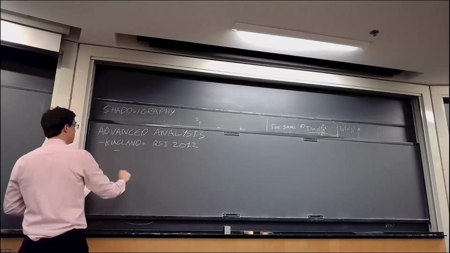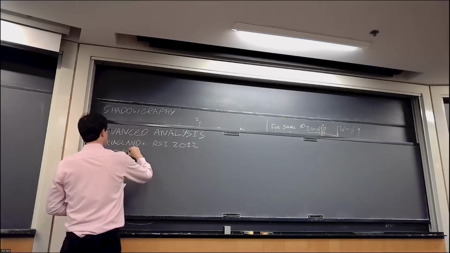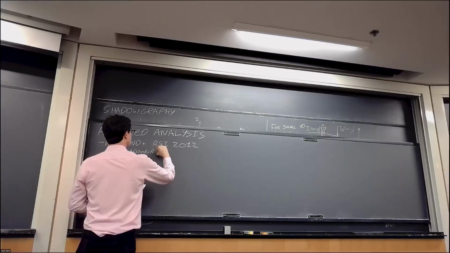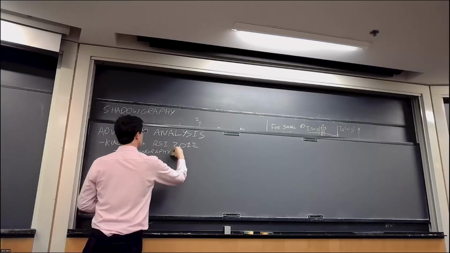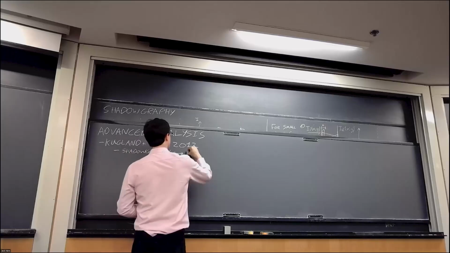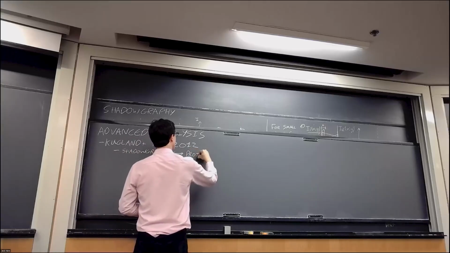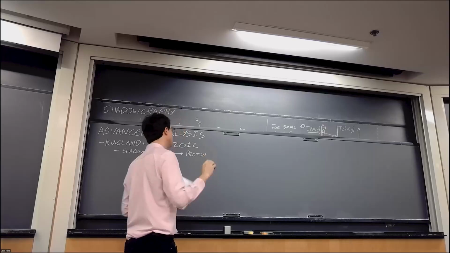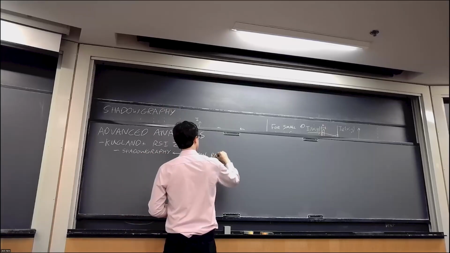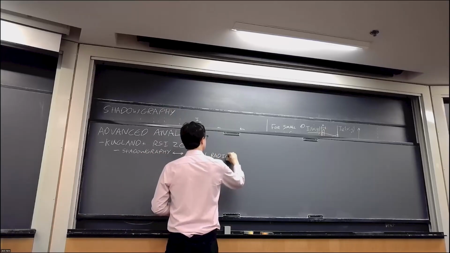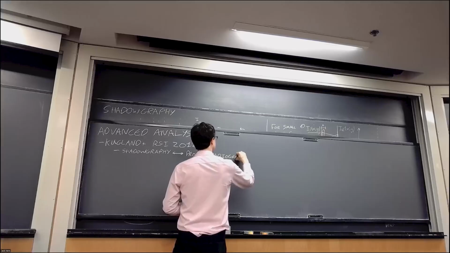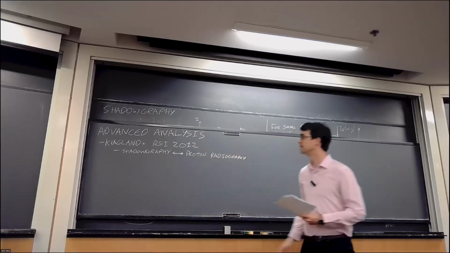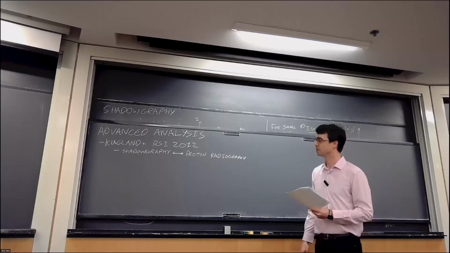So Coughlan points out pretty quickly that shadowgraphy has a direct equivalence to proton radiography. So mathematically, they both deal with the same quantities, which is a sort of deflection potential. In proton radiography, this deflection potential is to do with electric and magnetic fields, and we'll get on to proton radiography later. And in shadowgraphy, the deflection potential is to do with density gradients.